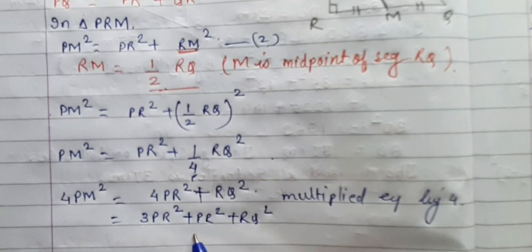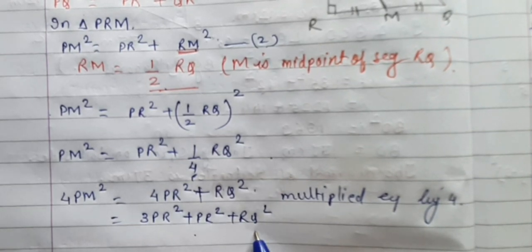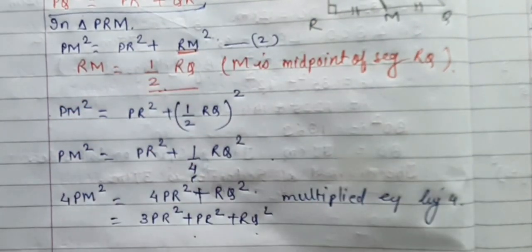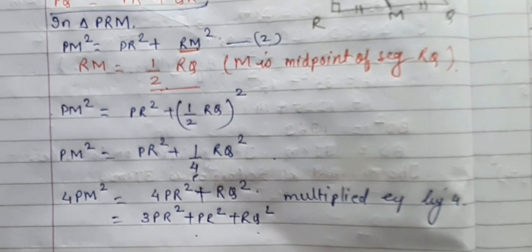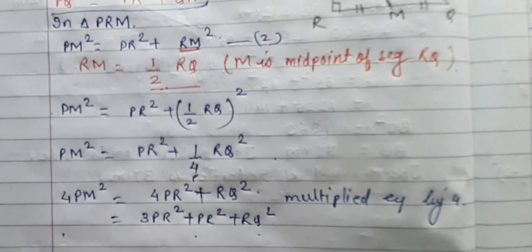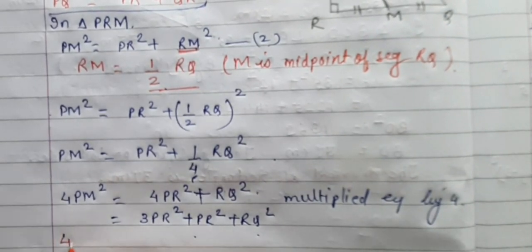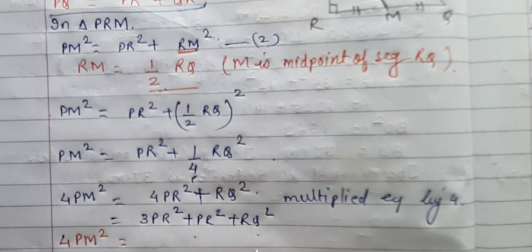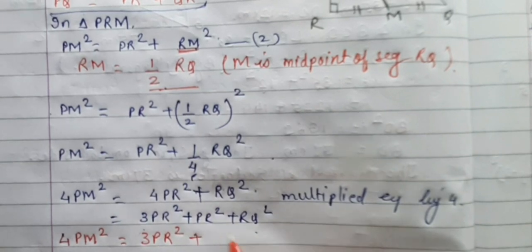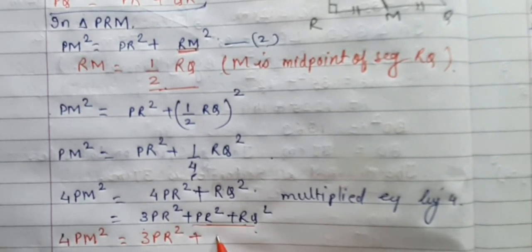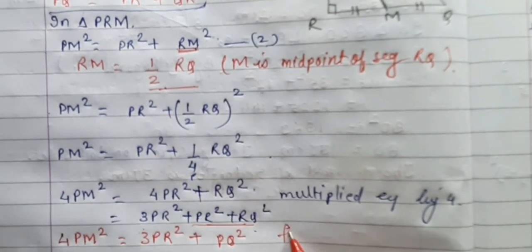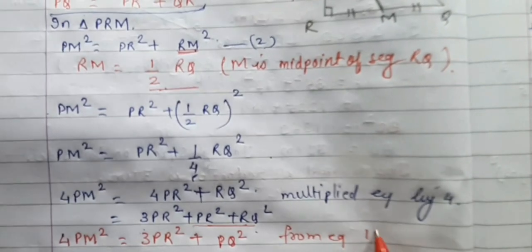Now what is this PR square plus RQ square? It is equal to PQ square. So here 4 PM square is equal to 3 PR square plus PQ square, from equation 1.